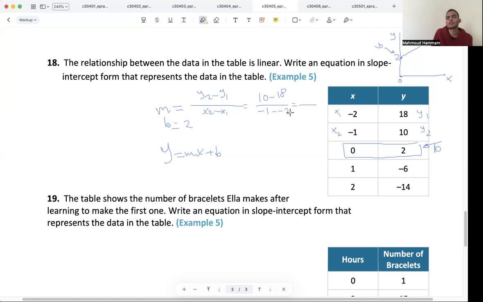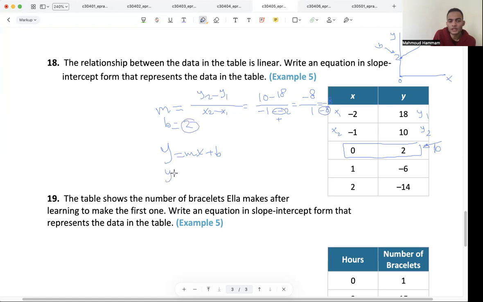The denominator will be -1 plus 2, which is 1. So it will be -8 over 1, which is -8. So the m is -8, the b is 2.